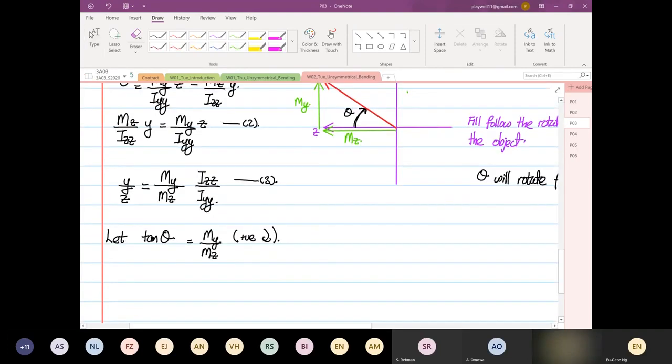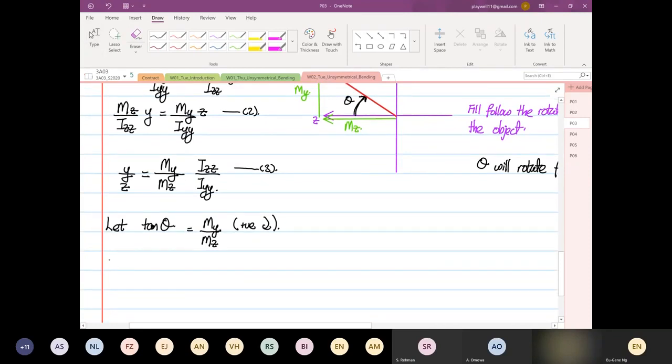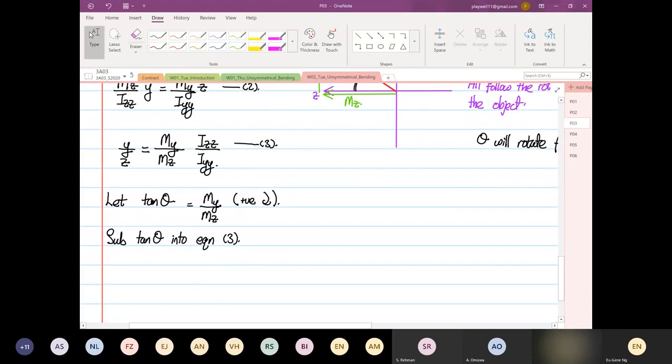So we're going to substitute tangent theta into equation 3. From here, we know that y over z is equal to tangent theta multiplied by Izz over Iyy. So this is our equation number 4.